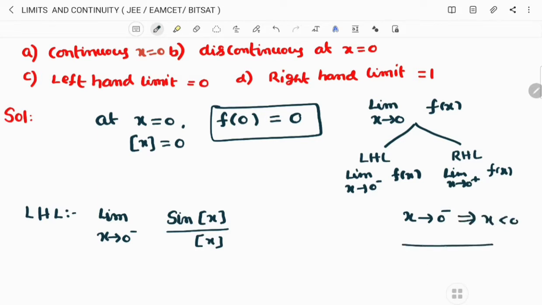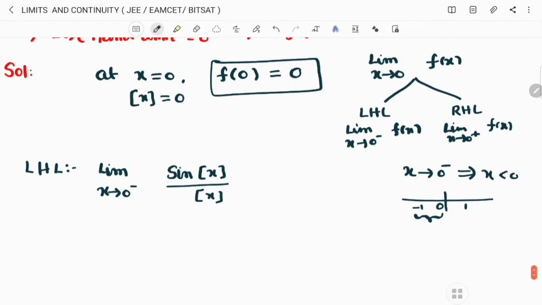X is less than 0 means the value of x is in the interval minus 1 and 0, the value of [x] is equal to minus 1, you remember.